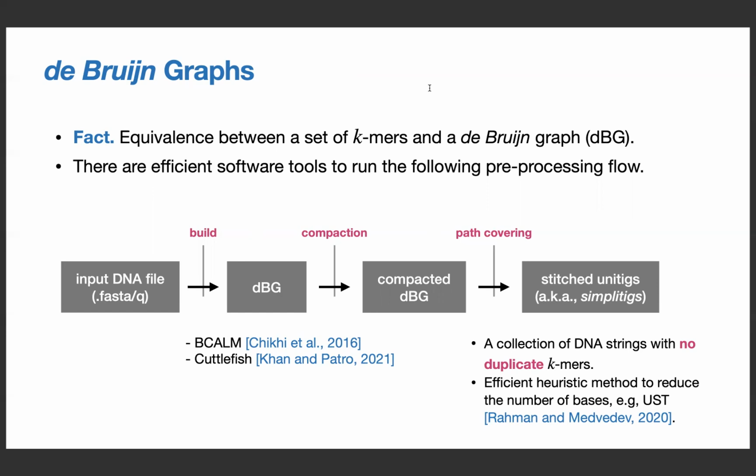Then, if we path cover the compacted de Bruijn graph, we finally output a collection of strings, usually called stitched unitigs or spectrum-preserving string sets, that is, a collection of strings without duplicate k-mers. I'm going to assume from now on that this preprocessing flow has been run on our raw collection of files, and that we have this collection of strings with no duplicates as input for our dictionary.